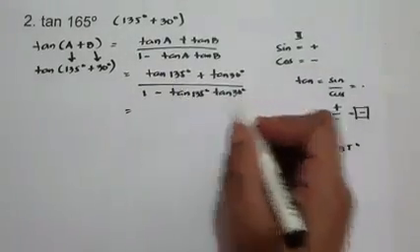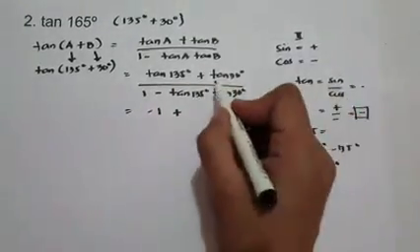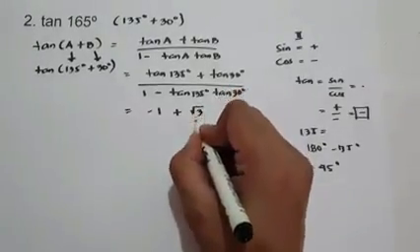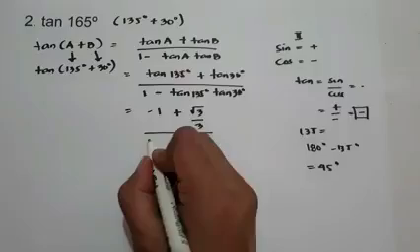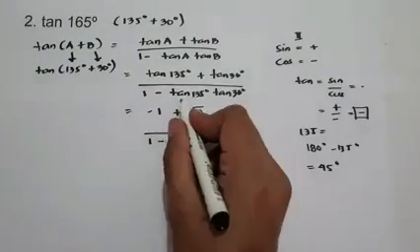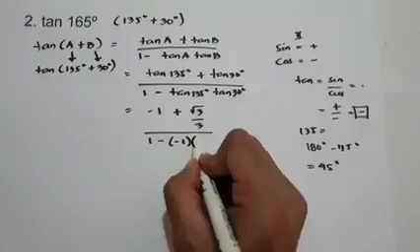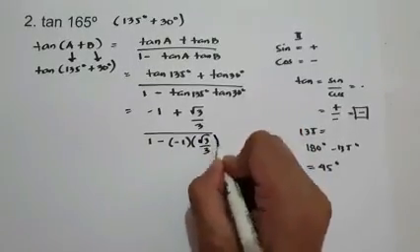Tangent 135 in quadrant 2 is negative 1. Plus tangent 30, that is square root of 3 over 3, over 1 minus tangent 135, that is negative 1, times tangent 30, which is square root of 3 over 3.